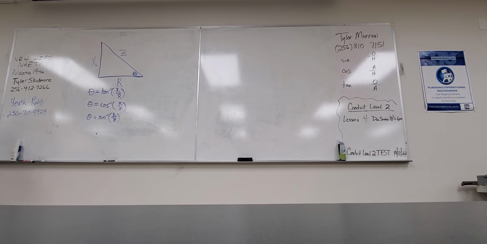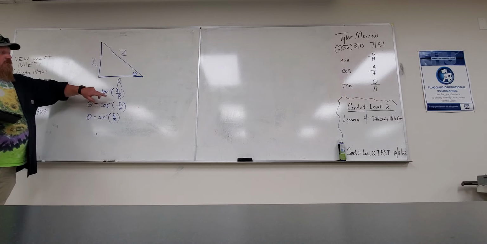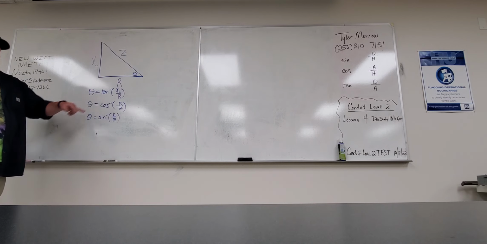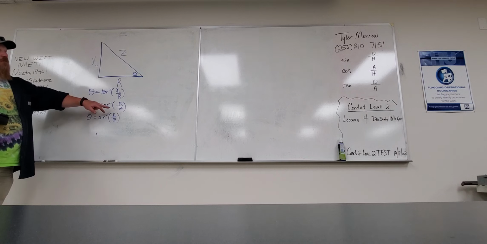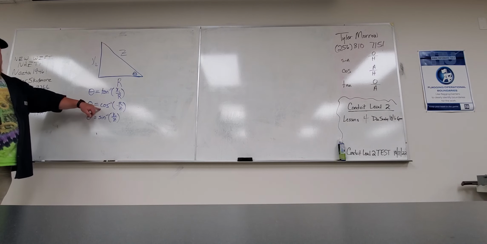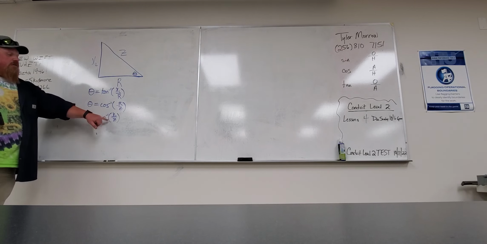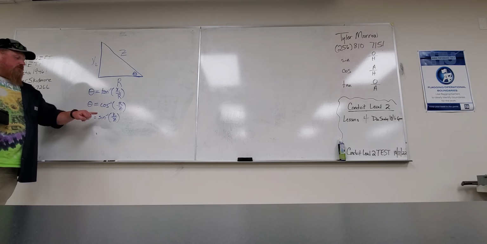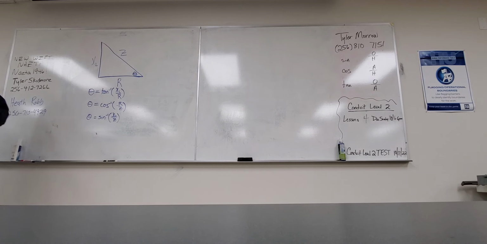It all depends on what you're given. If you're given reactance and resistance, you're going to use arc tan. If you're given resistance and impedance, you're going to use the arc cosine. Reactance and impedance, you're going to use the arc sine.